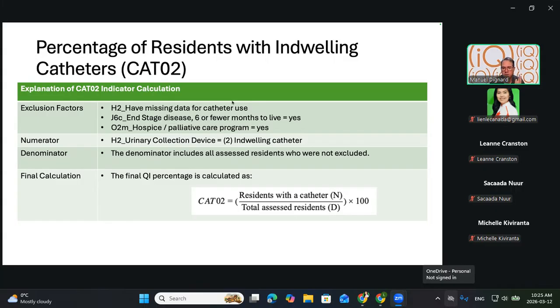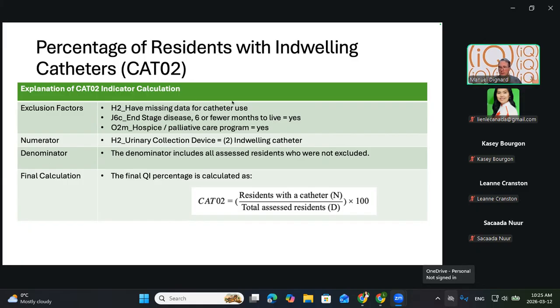However, if the assessment qualifies, now the system goes, all right, let's look at the quality indicator for indwelling catheters. Before they look for numerators, they're going to look at the denominators. How many people can we trigger for this quality indicator?